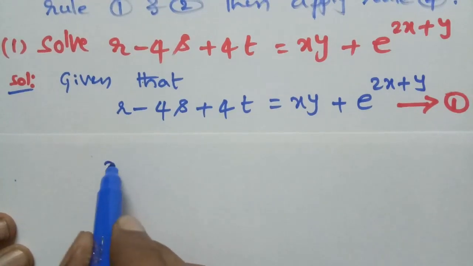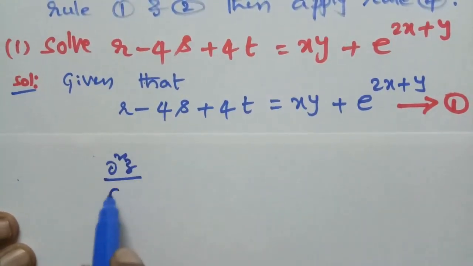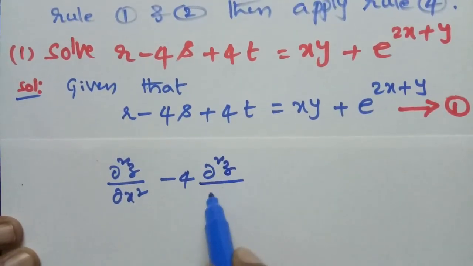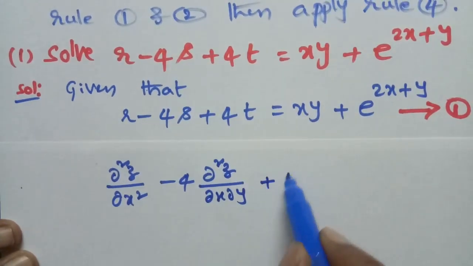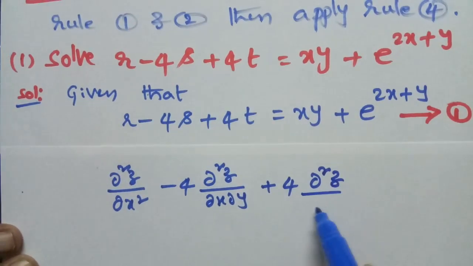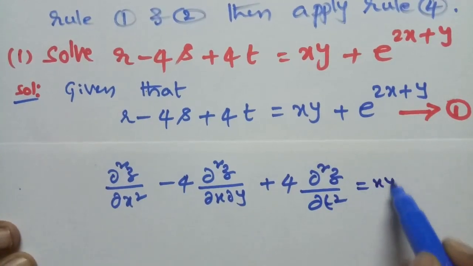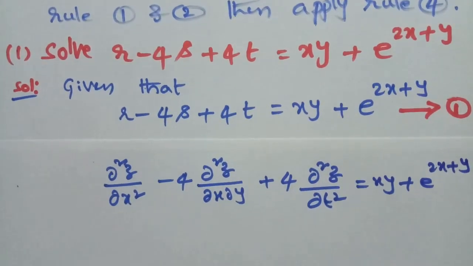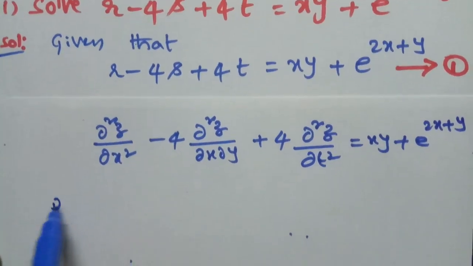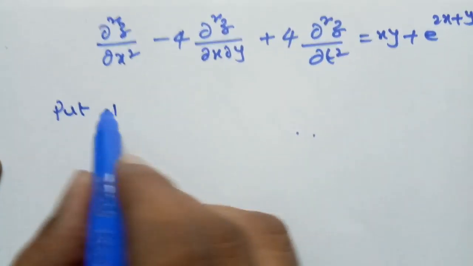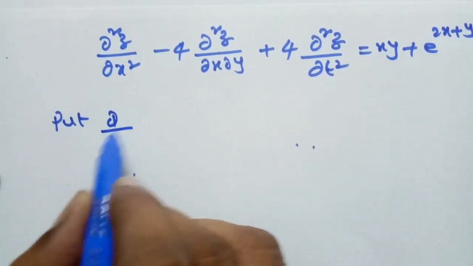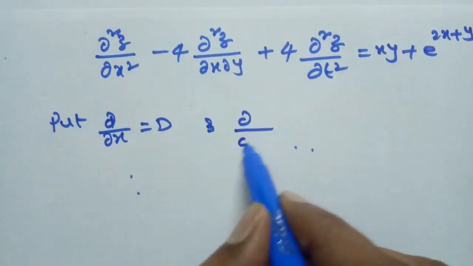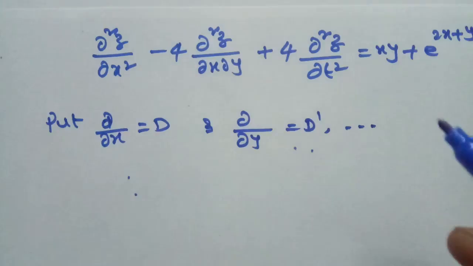Substituting r, that is del square z by del x square minus 4 into s value del square z by del x del y plus 4 into del square z by del y square is equal to xy plus e to the power of 2x plus y. Therefore, put del by del x is equal to capital D, and del by del y is equal to capital D dash, and so on.